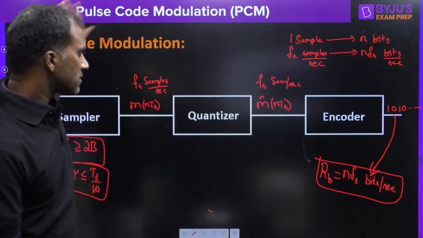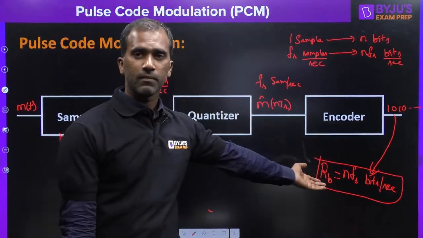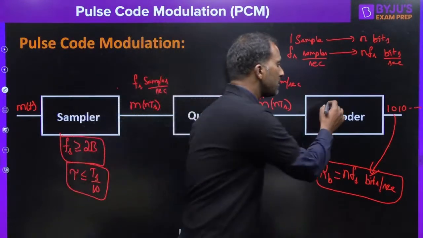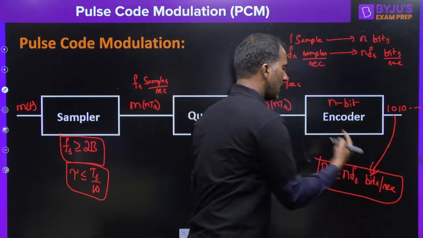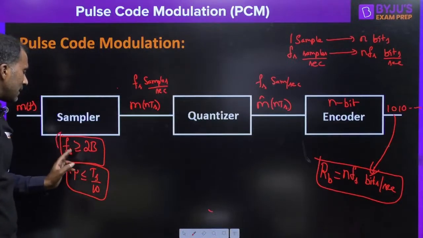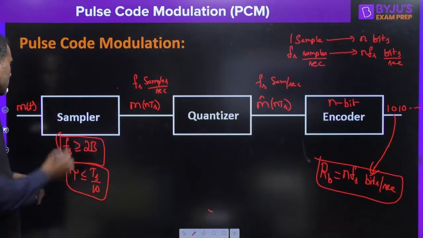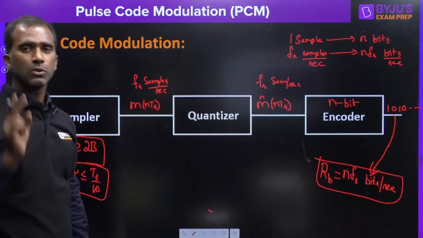So a PCM system converts an analog signal into bits. How many bits we have is decided by how many bits we use in the encoder design and what sampling rate we use. Sampling rate depends on the bandwidth of the signal. So finally, analog to digital conversion depends on two parameters.